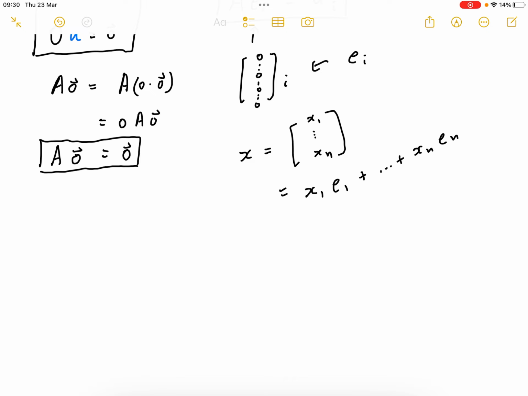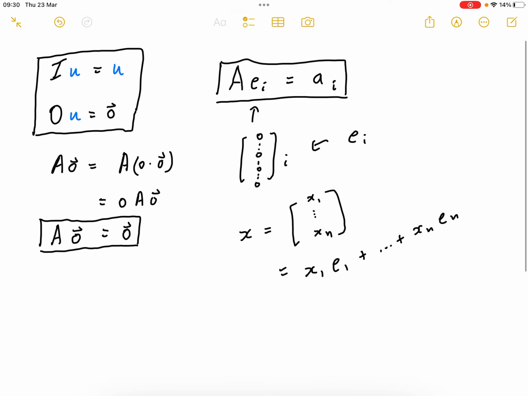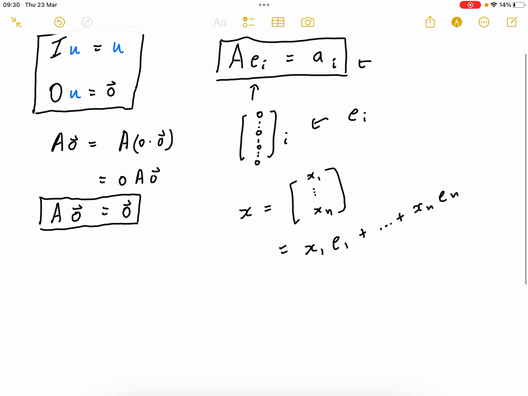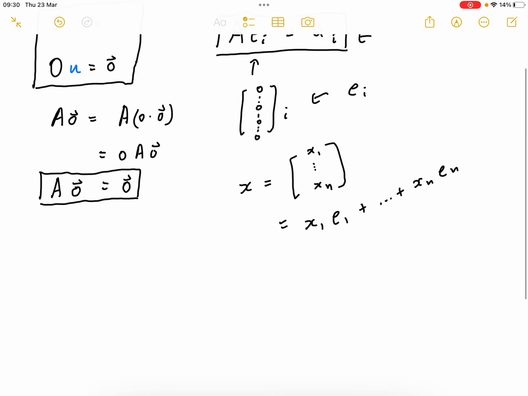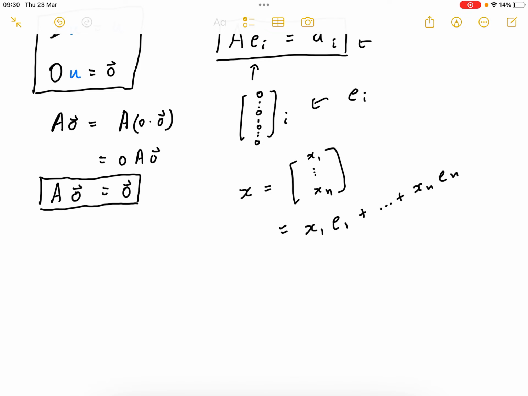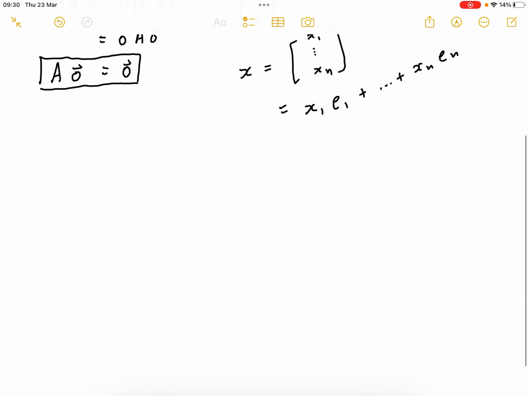It turns out that just by knowing all these a_i's, we can work out, by linearity, any matrix vector product.